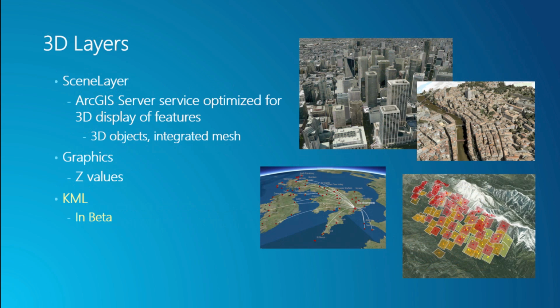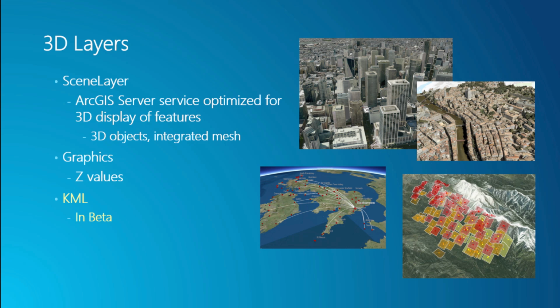Dive in a little bit deeper into the scene and its layers and contents that we can actually contain within a scene. A scene layer is a specific type of layer that's designed to host three-dimensional data in a variety of different formats. Now, there's 4 different formats here that we're really looking at. One is 3D objects. Think of these as, for example, buildings, multi-patch features.